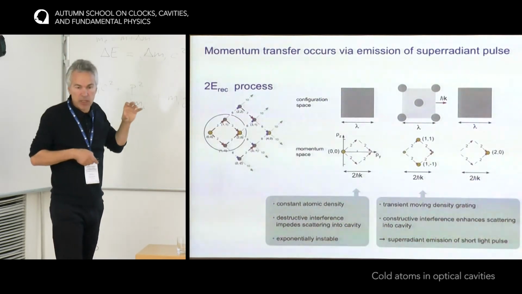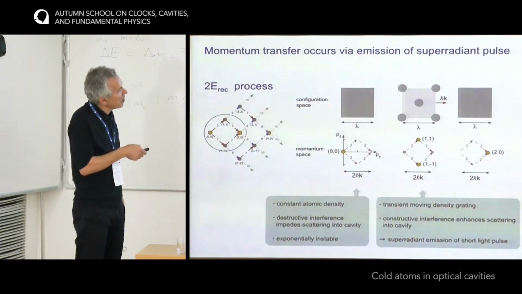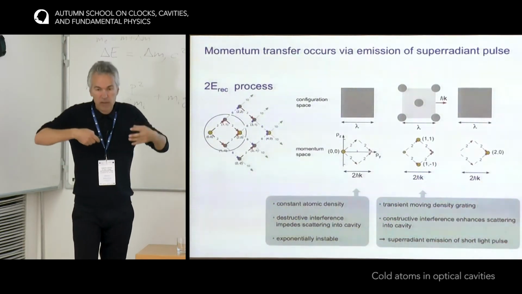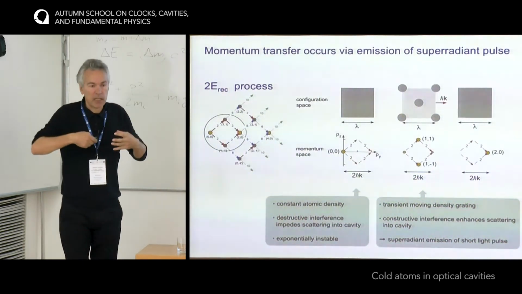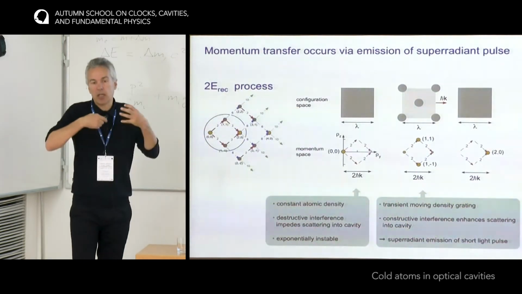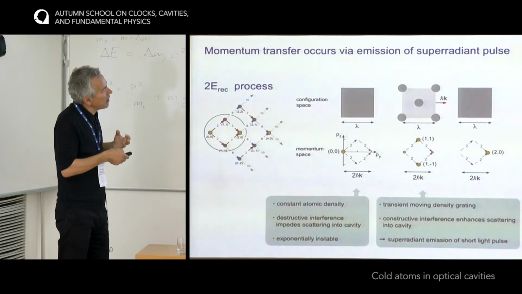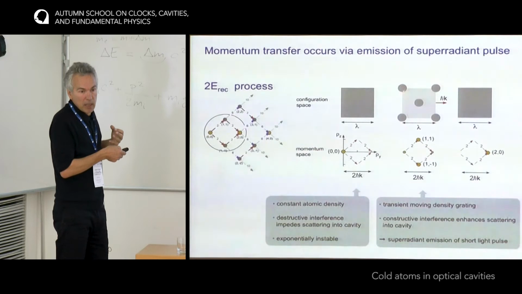So you get a light shift potential, and this light shift potential induces forces upon the atoms, and the atoms will arrange in that light shift potential and are dragged with the light shift potential in a way that there is a density grating coming to existence that moves with the momentum h bar k.